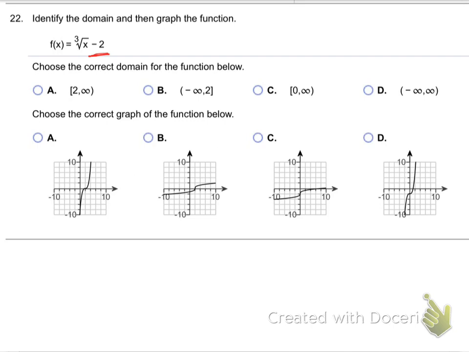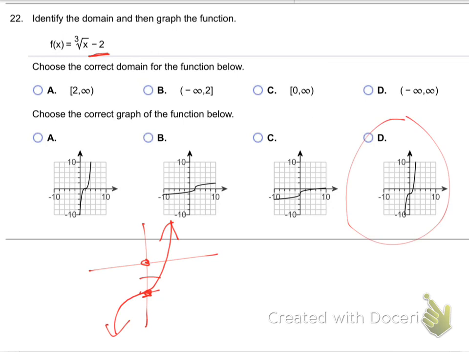No. No, he's not in the root. So he's not a sideways effect, is he? He's an up-down effect. So what is that minus 2 going to do? Down 2. Does everybody see that? It's going to take the origin right here and go down to right there. There's the snake graph.